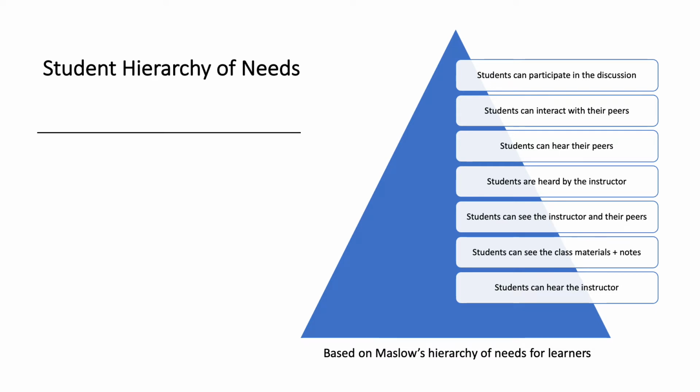This is the most basic and primary need that they have, which I would argue is more important than seeing the instructor. That is followed by the ability to see the class materials and notes, especially if you're teaching, like me, a second language class, and you are perhaps writing on the board a number of new vocabulary items. And so students need to take a look at the spelling of these items.